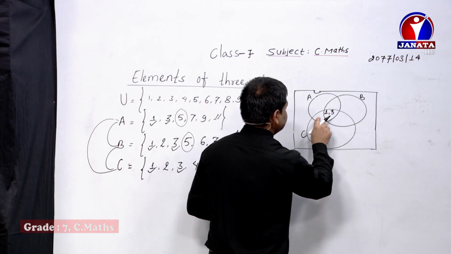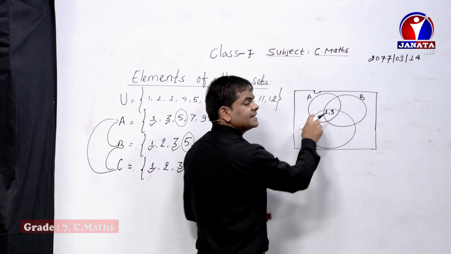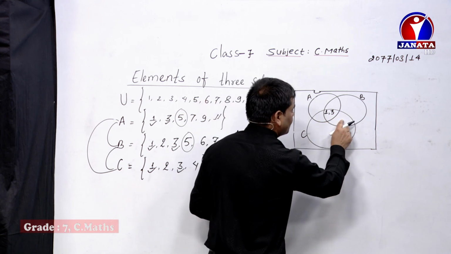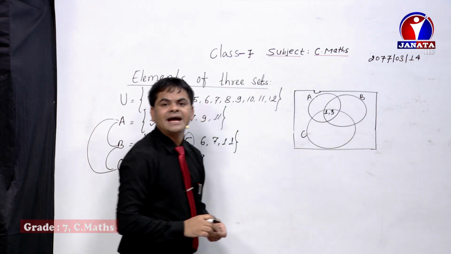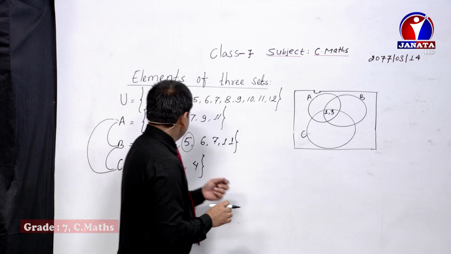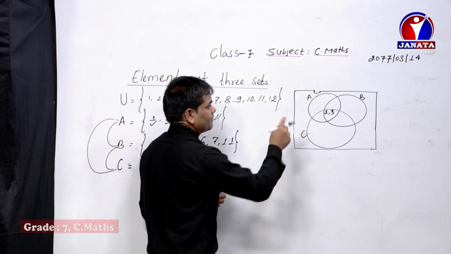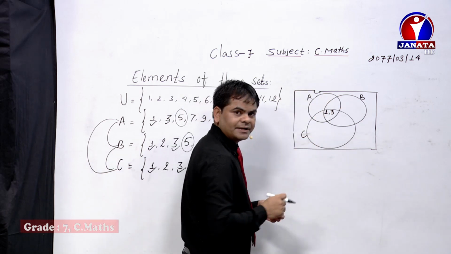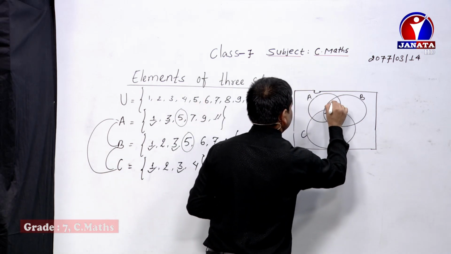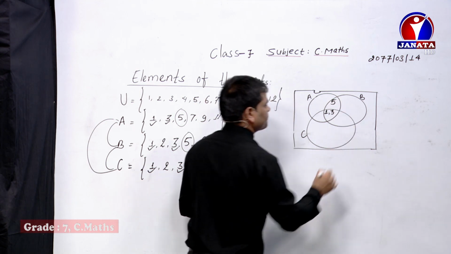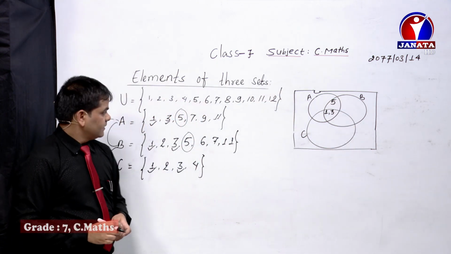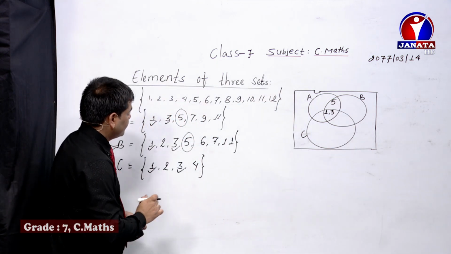Similarly, this is the common area of A and C only. Similarly, this is the common area of only B and C. So 5 is common between A and B. So we'll keep it by looking at the circles of A and B, in that common area. So here comes 5. Now let's see the others.